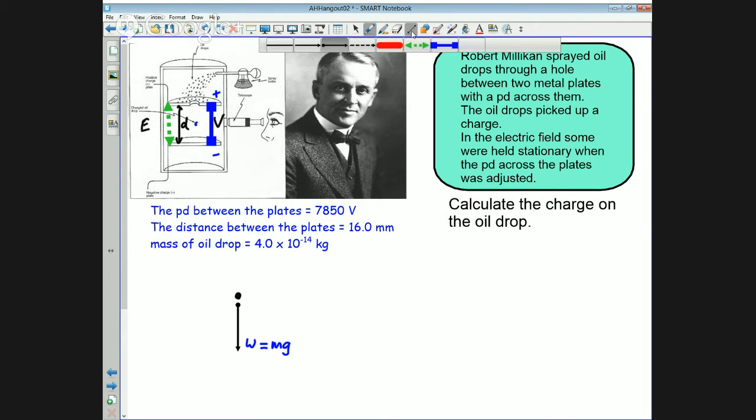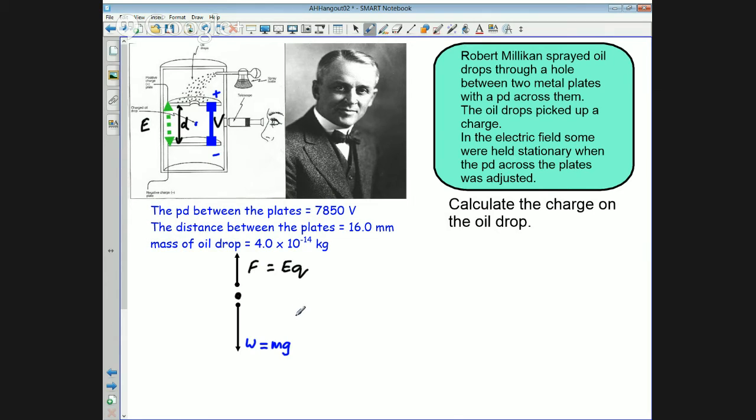So it's going to experience a force which is going to pull it up, and that force is going to be equal to the electric field times Q. So it's going to experience an electric force which is equal to the electric field times the charge on the oil drop.